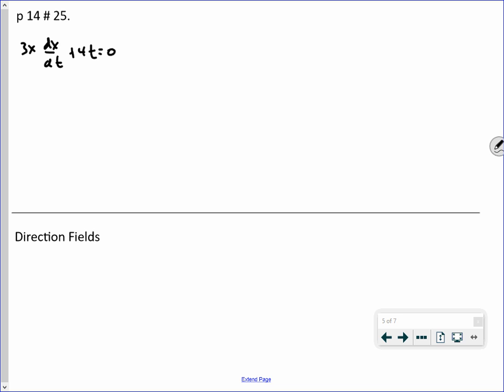Is there a unique solution having x of 2 equal minus pi?